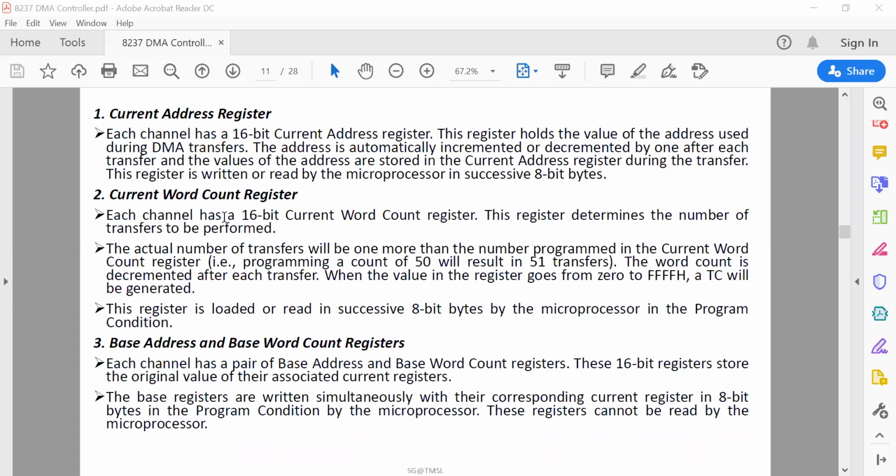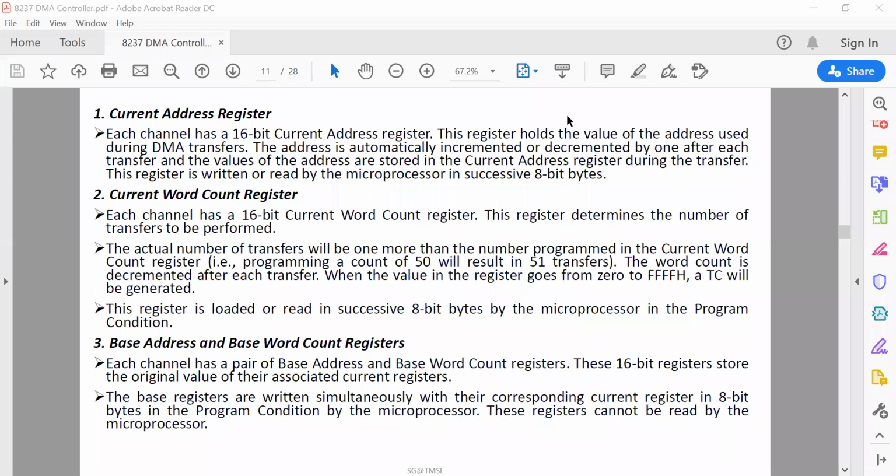When the count becomes 0, an end of process EOP signal is generated. This can be written in successive bytes by the microprocessor in program mode.